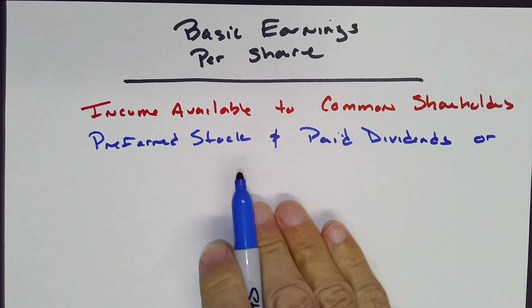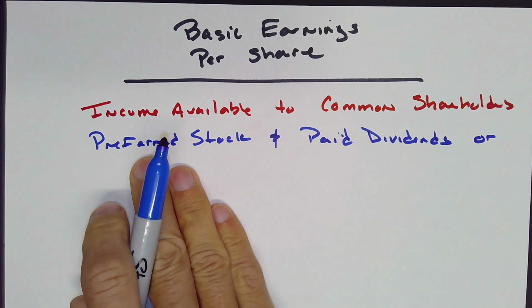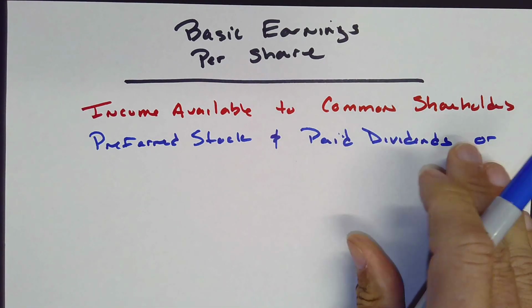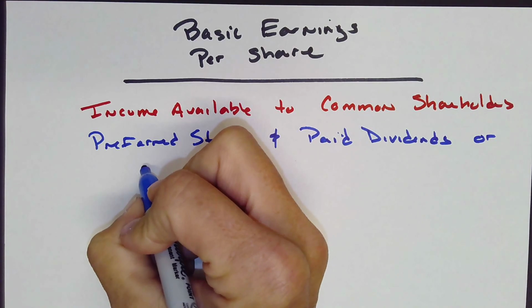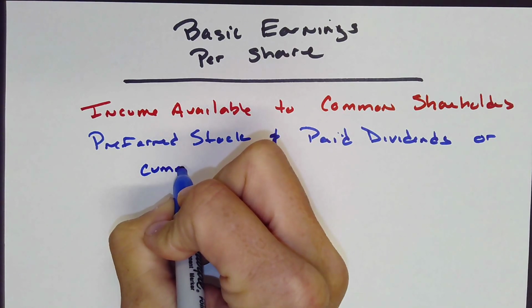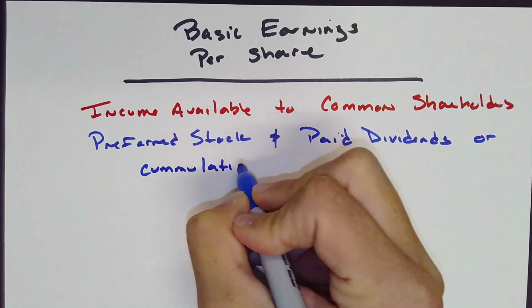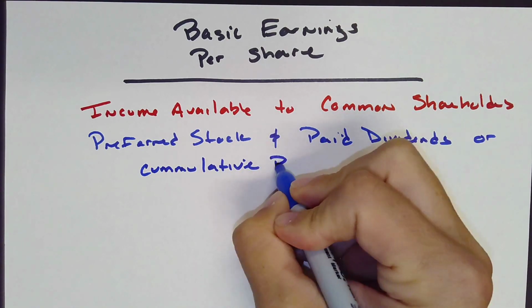Or, again, think about the logic: preferred stock and pay dividends, or if they didn't pay dividends, or it is cumulative preferred.